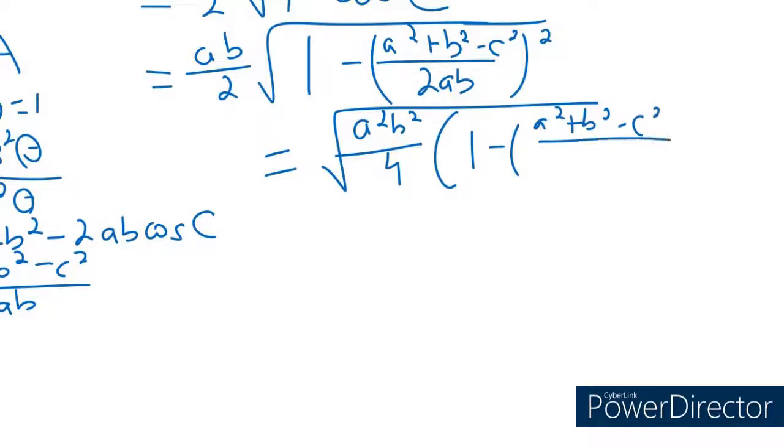So we're just going to square ab over 2. So we have a squared b squared over 4 times 1 minus a squared plus b squared minus c squared over 2ab, whole squared.